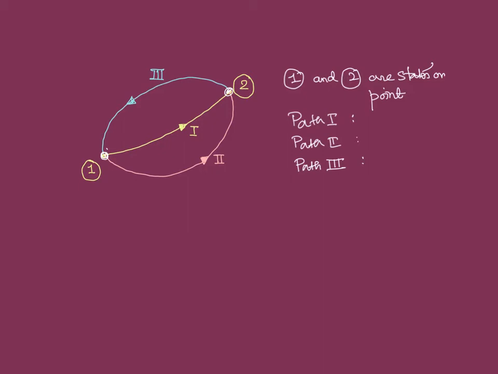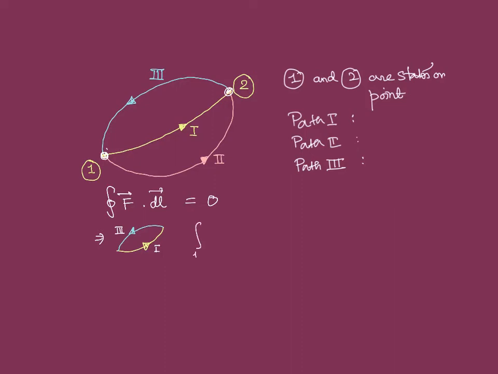Now, you know, for conservative forces, the closed integral of F dot dl is equal to 0. First we will consider the loop comprising path 1 and path 3.